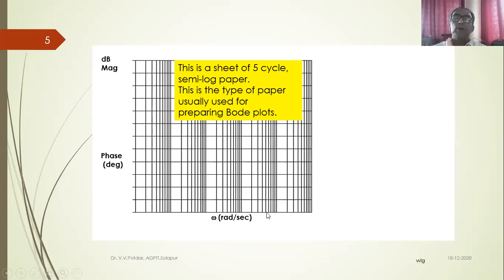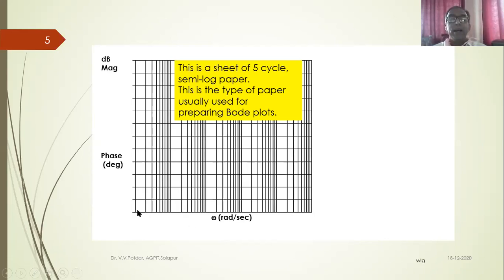From 100 to 1000: 100, 200, 300, up to 1000. From 1000 to 10,000: 1000, 2000, 3000, up to 10,000. So on a small piece of paper, I am accommodating large values from 0.1 to 10,000.